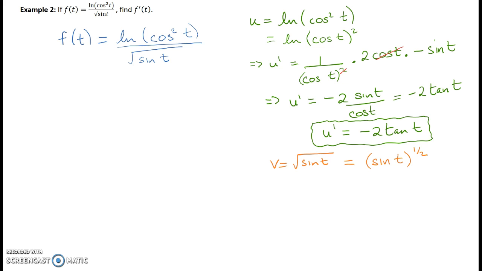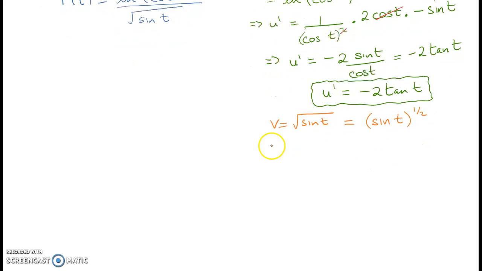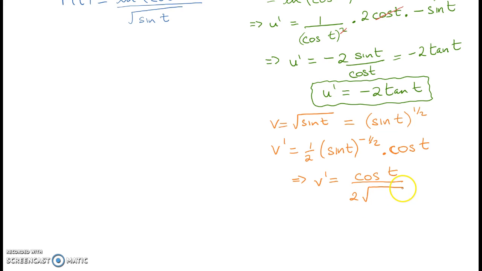So v prime will multiply down by the power 1/2 of sine t to the power of minus 1/2, because you reduce the power by 1, and then multiply by the derivative of sine t, which is cosine t. And if we simplify that, we get v prime is equal to cosine t over 2 times the square root of sine t.